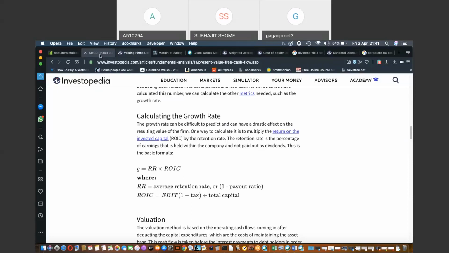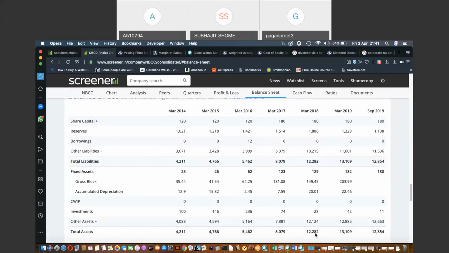Total assets is 12,282. See this figure, 12,282. How much is it? 0.037. So that is your return on capital.